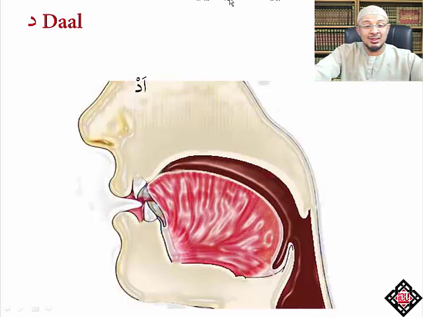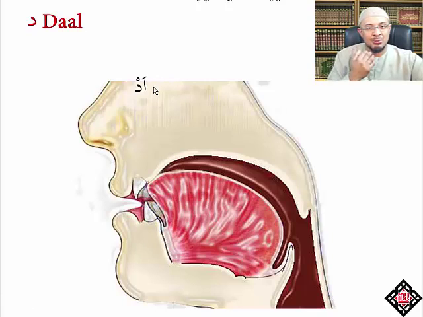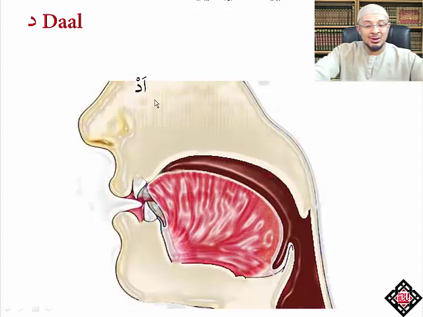And also we notice that when you have this dal with the sukoon, you have qalqala. Like for example, you say the word bid'ah. Before the a, you see the vibration of the dal. That is qalqala, and that is an inherent characteristic, or you could say even a drum, of this letter.